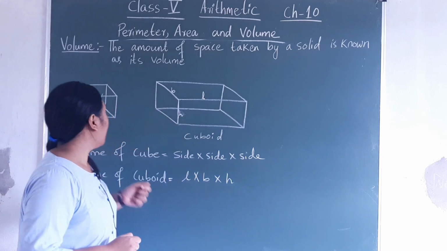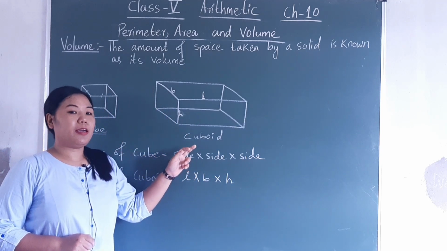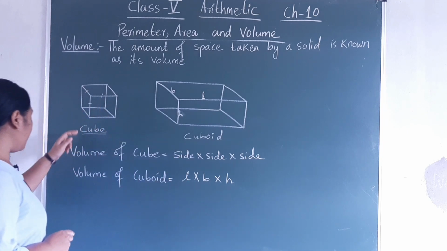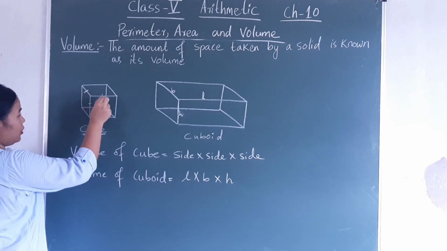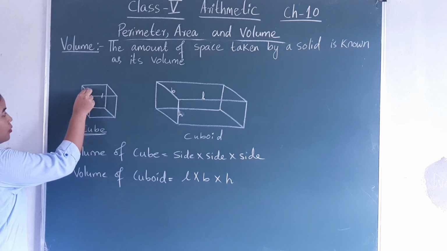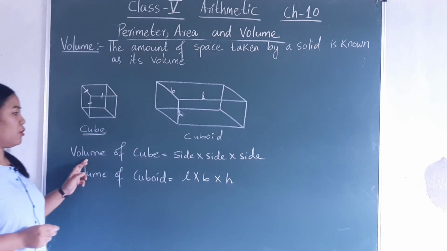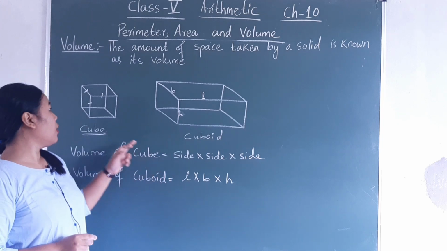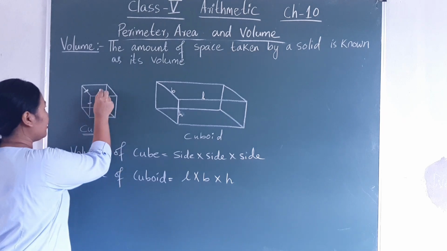But solid figures like cube and cuboid have volume. In a cube, all the 3 sides are equal. 1, 2, 3. That is why volume of cube is equal to side into side into side.